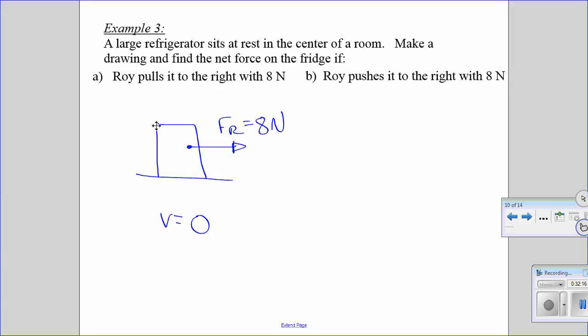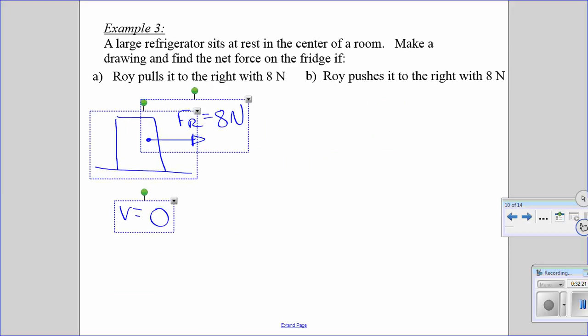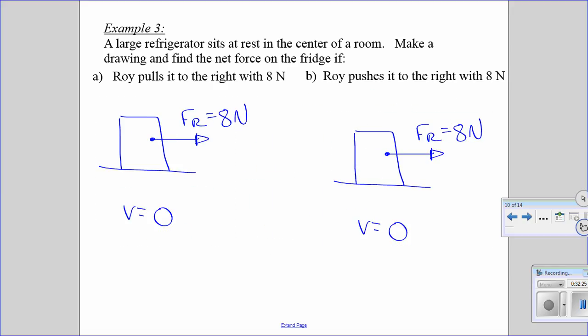The only point of these first two examples is I want you to understand that those are both literally the same thing as far as the drawing and calculations go. Even though one has a pull and one has a push, it doesn't matter. There's a force of magnitude 8 newtons forcing it to the right. Cool?